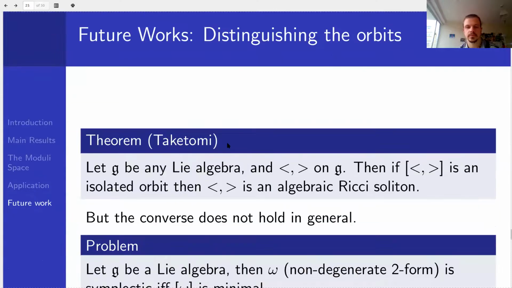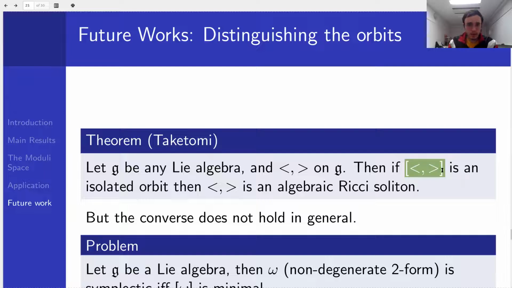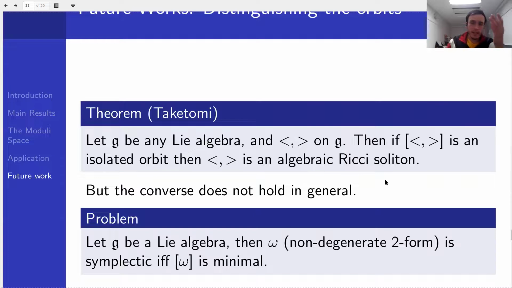So another result in a similar spirit is that if we have G a Lie algebra, and a metric on G, and if this is an isolated orbit, then again this is an algebraic Ricci soliton. So it's kind of the same idea: there is some information in the geometry of the space that helps me to find nice metrics.